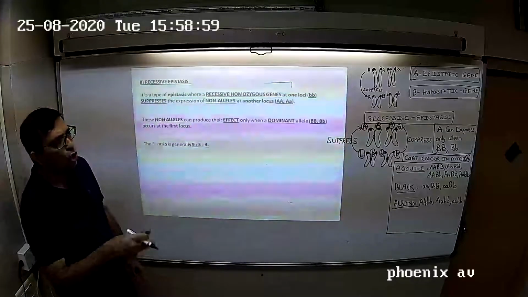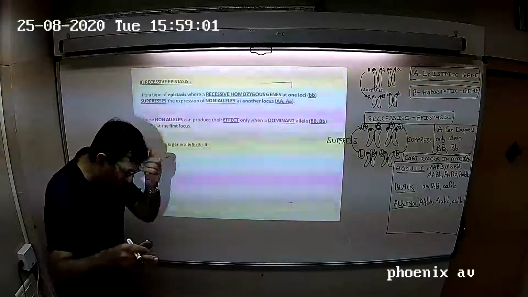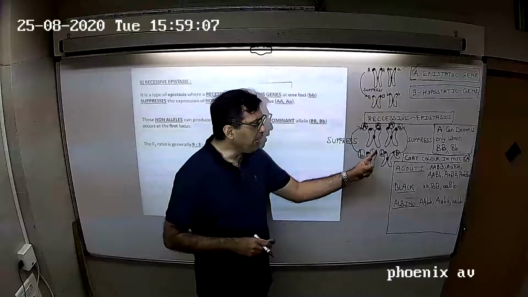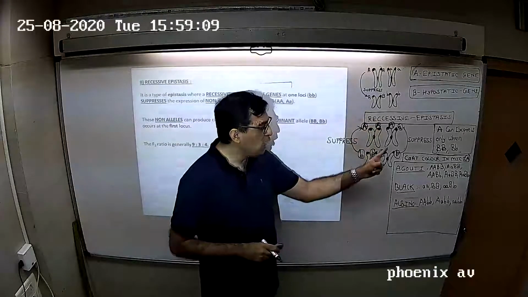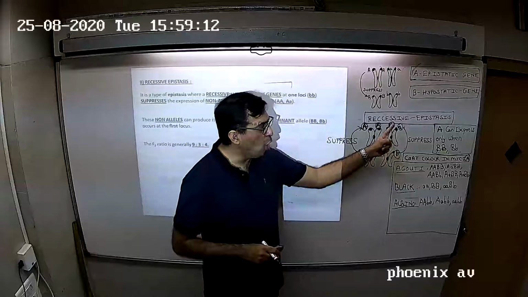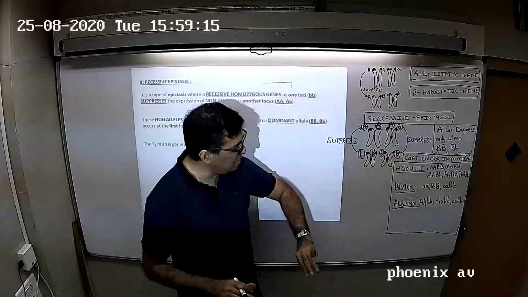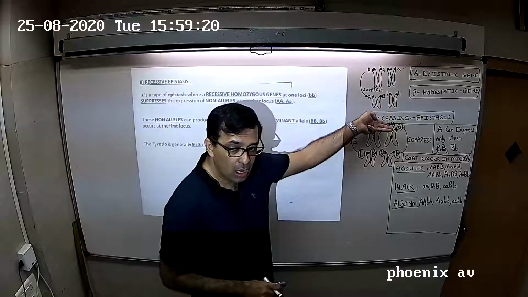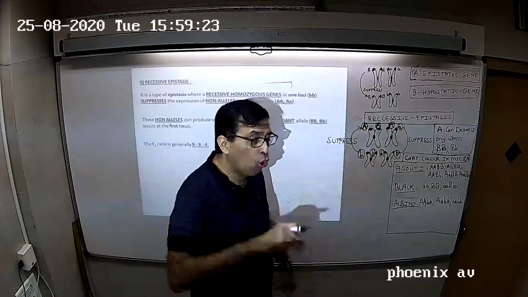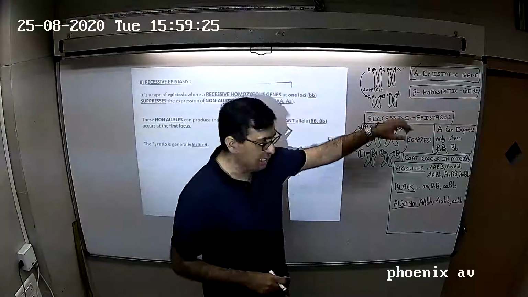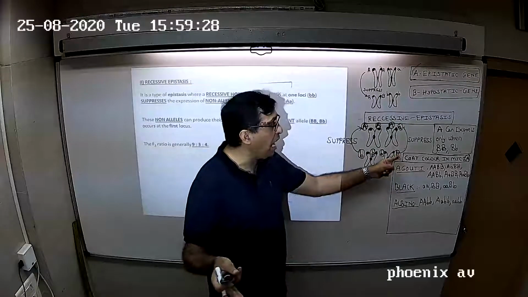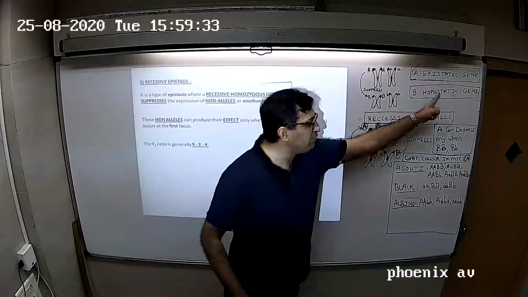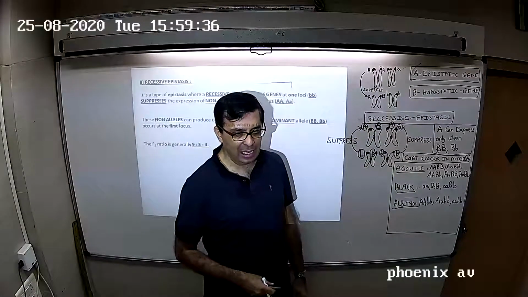So this we have understood once again. Sorry, we just got lost in the way. What is recessive epistasis? Small b becomes dominant over capital A, small a. In other words, recessive genes become epistatic over dominant genes, which become hypostatic.